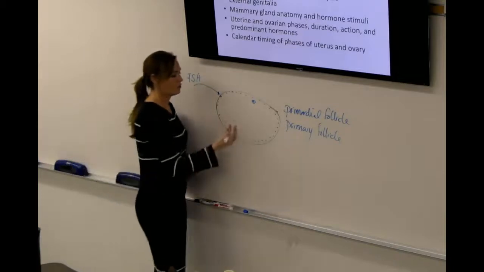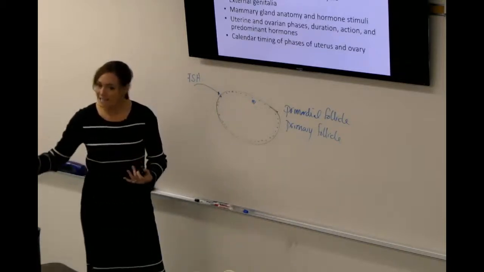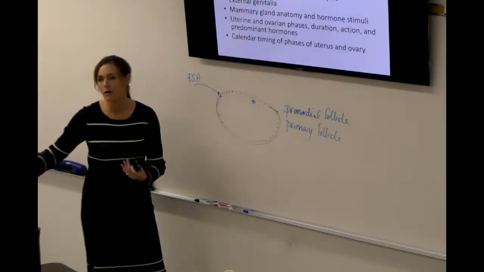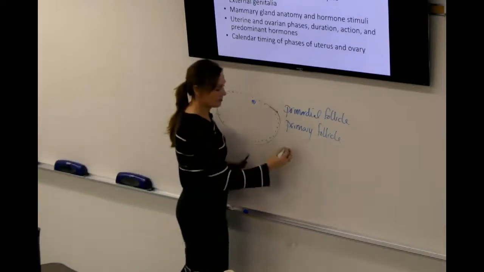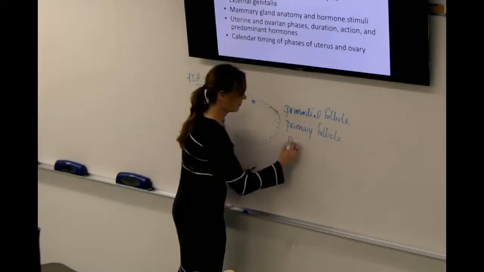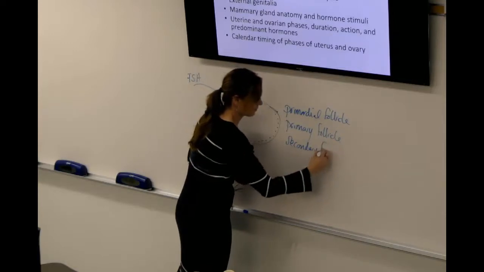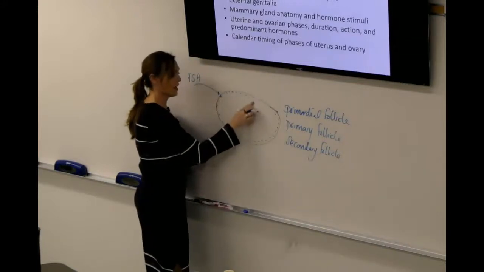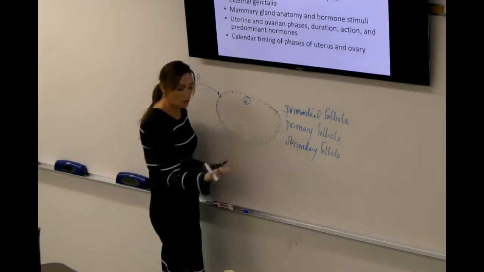And then those cuboidal cells start to enlarge and detach and actually move away from the egg, where the egg stays anchored on one side, and you start to get some fluid filled in there, and that's known as a secondary follicle. So then that becomes the little egg with the dots around it, and then you have follicle, and then that just grows more.